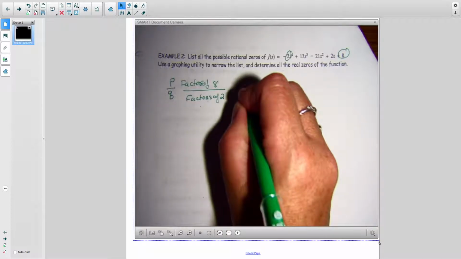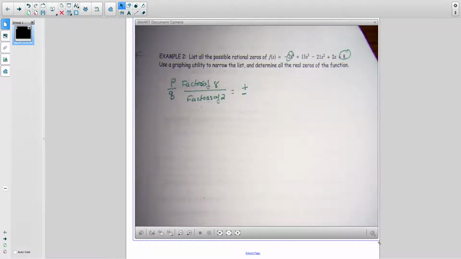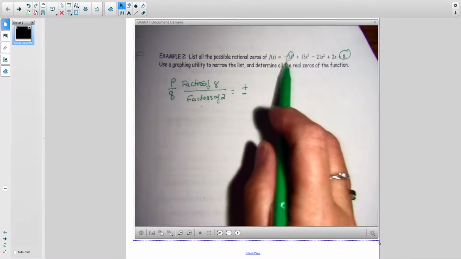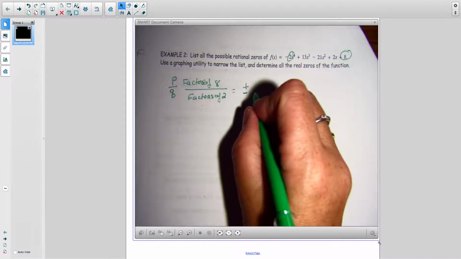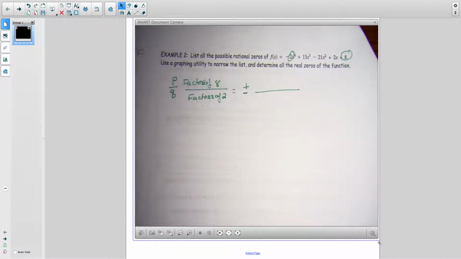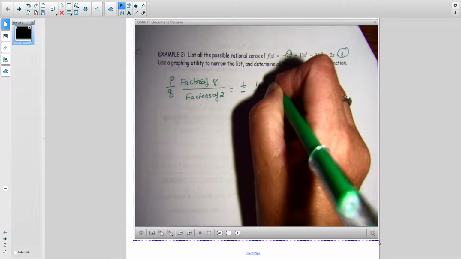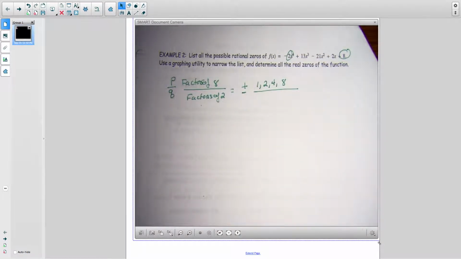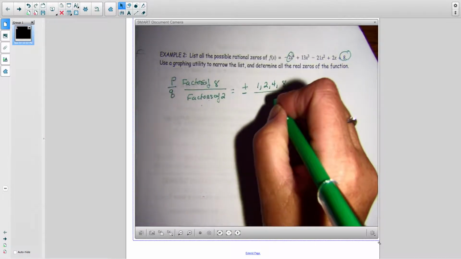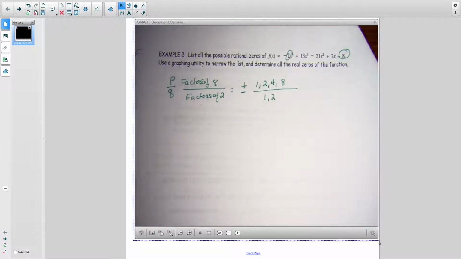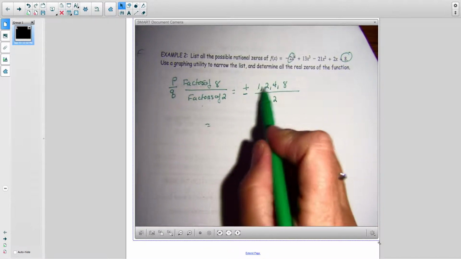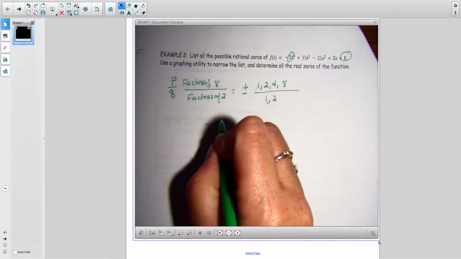And it's going to be plus or minus, so we really don't need to worry about that negative sign there. What are all the factors of 8? 1, 2, 4, 8. What are the factors of 2? 1 and 2. So what we do is we take all these and divide them by 1.